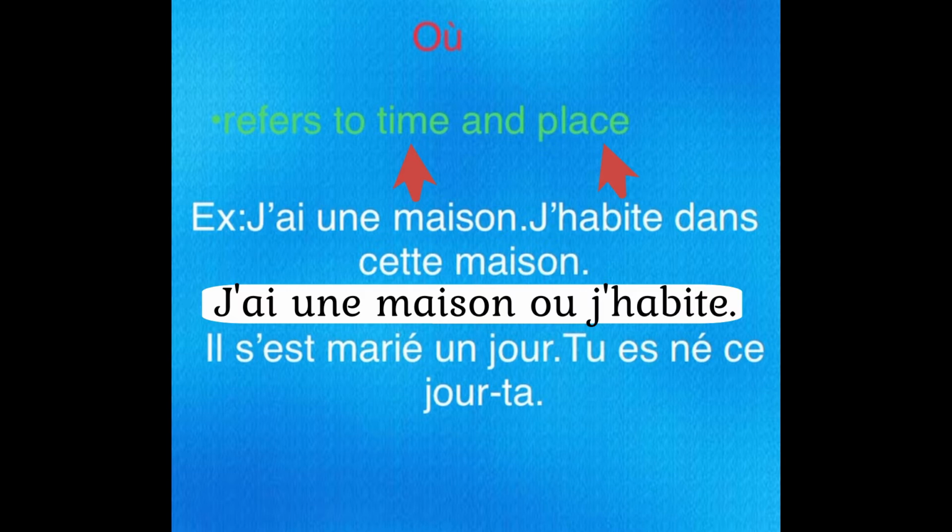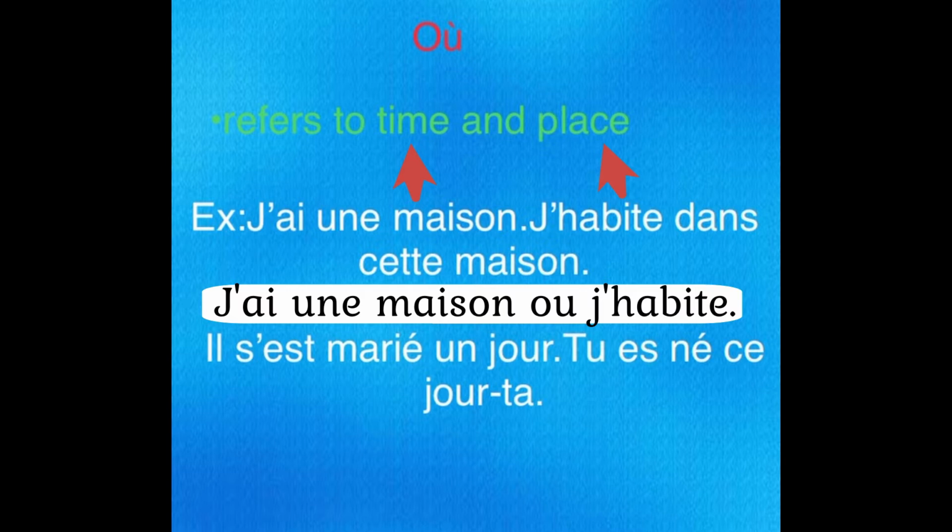Now, an example of a sentence in which où refers to time is "Il se marie un jour, tu es né ce jour-là." Although ce jour-là is not an indirect object in phrase 2, it refers to time. Please remember that the rule of the indirect object in phrase 2 stands only when the indirect object refers to a place. If it doesn't refer to place and refers to time, it may not be an indirect object.